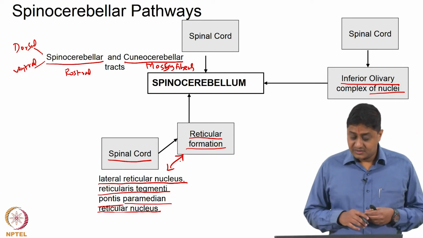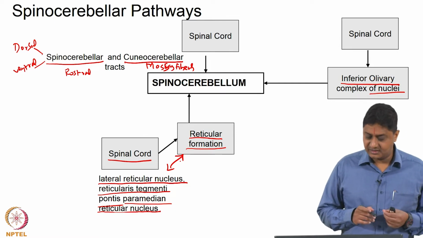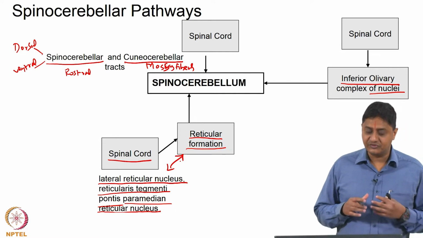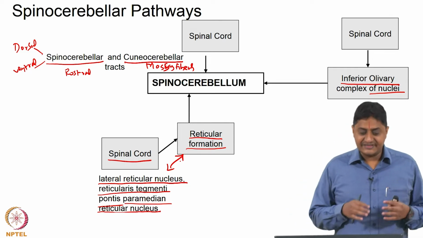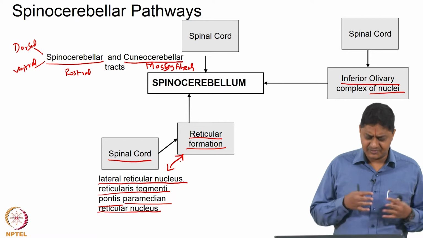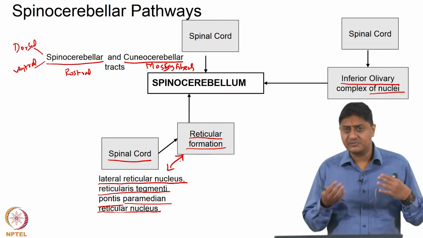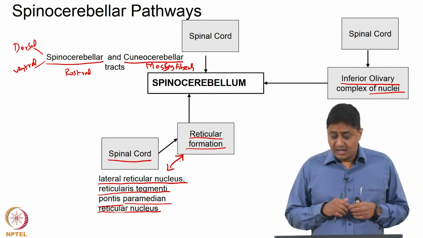Okay. So, these are the various inputs that are received by the spinocerebellum. Right. So, the spinocerebellum receives inputs from at least 3 different sources: directly through the spinocerebellar tracts, that is the dorsal and ventral spinocerebellar tracts, the cuneocerebellar tract and the rostral spinocerebellar tracts, right.